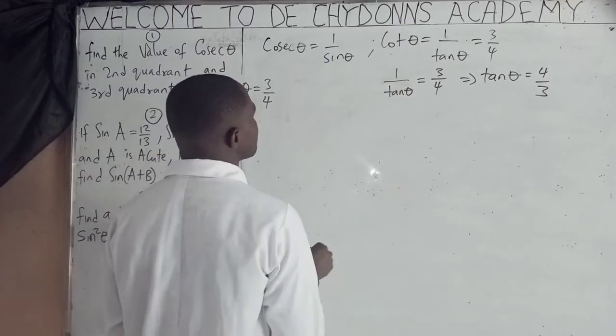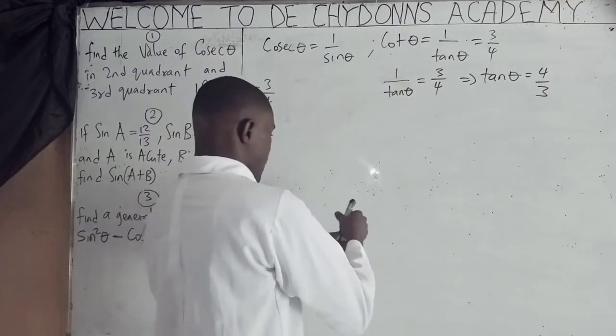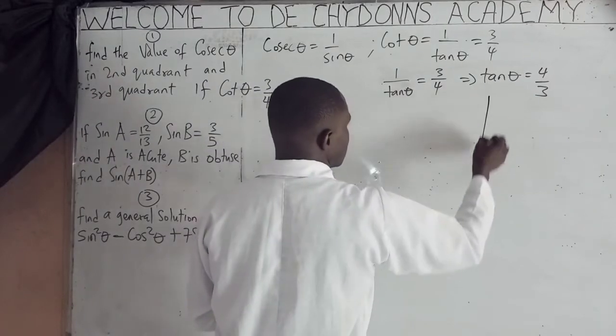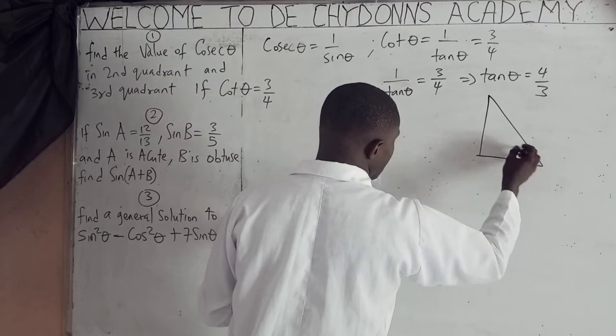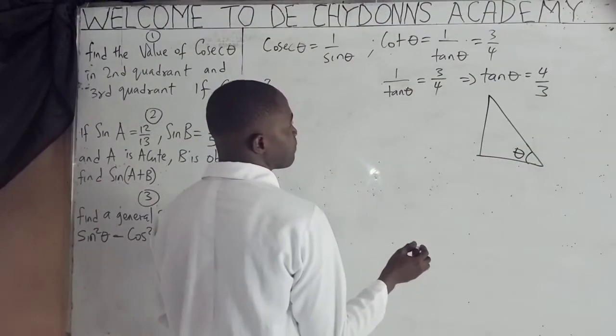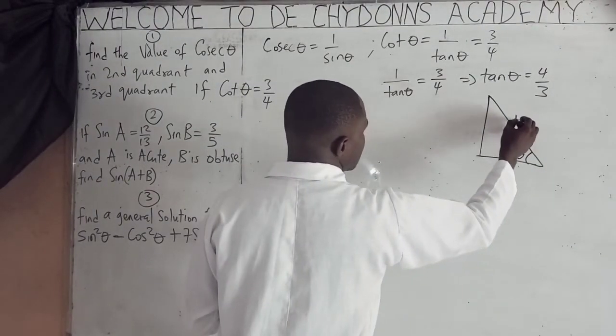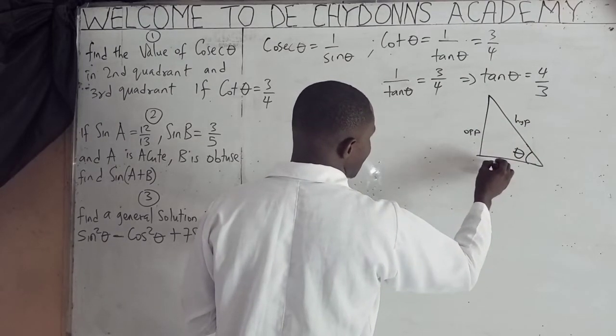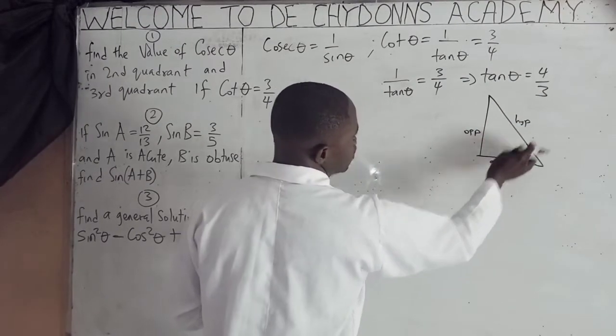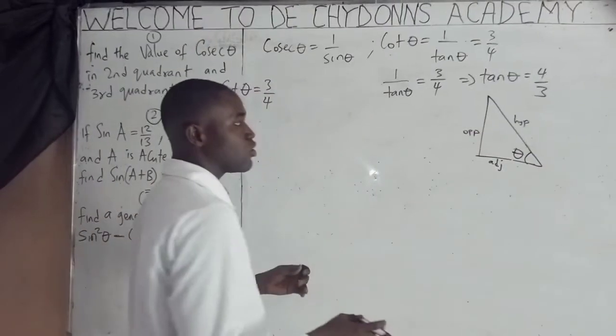That is the meaning. Then, in our right angle triangle, taking here to be theta, here is the hypotenuse, here is the opposite, here is the adjacent, because it joins the hypotenuse to form the given angle.